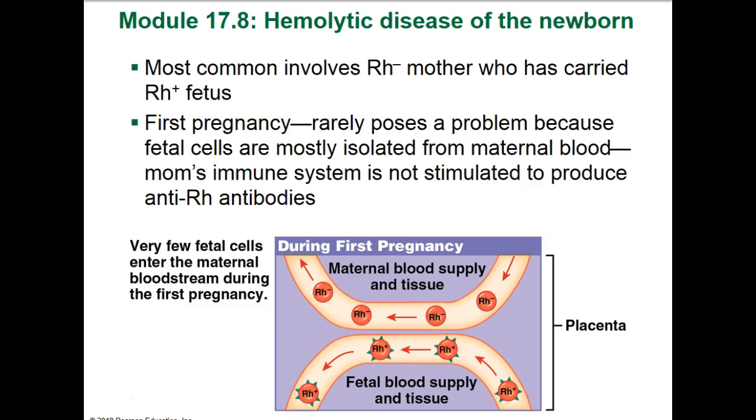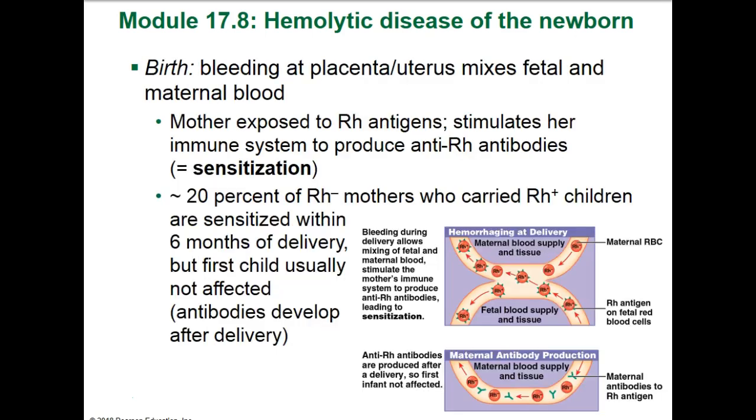Most common is when you have an Rh negative mother who carries an Rh positive fetus. At the first pregnancy, we rarely have a problem here because the fetal cells are isolated from the maternal blood and the mom's immune system is not stimulated to produce the antibodies to the Rh factor that first time. But at birth, you have bleeding at the placenta and uterus, and it mixes the fetal and maternal blood.